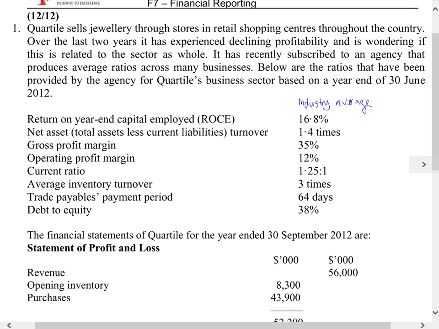Net asset turnover uses your total assets less current liabilities. You know what total assets less current liabilities is? Yeah, capital employed. So it's sales divided by capital employed, 1.4 times. GP margin, operating profit margin, current ratio, average inventory turnover, debt to equity. Can you see the gearing? Debt to equity means debt divided by equity. This one.